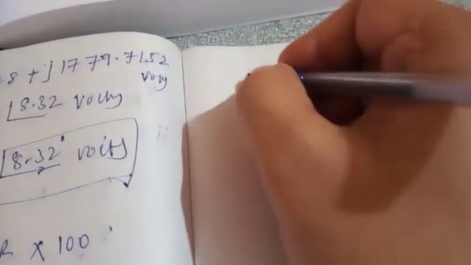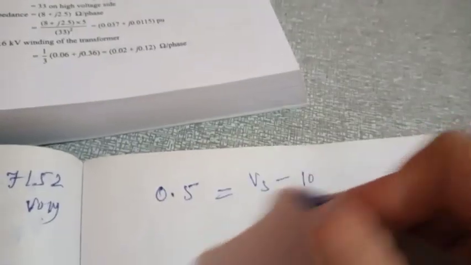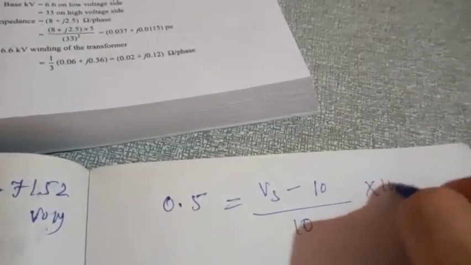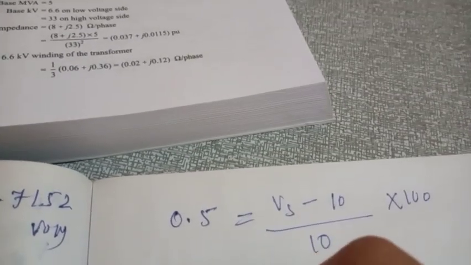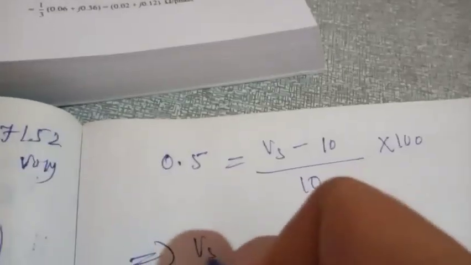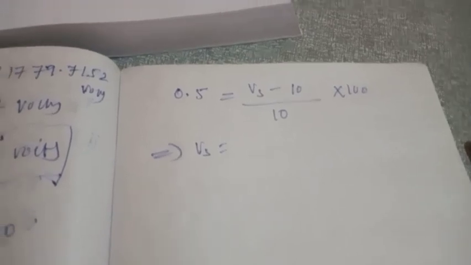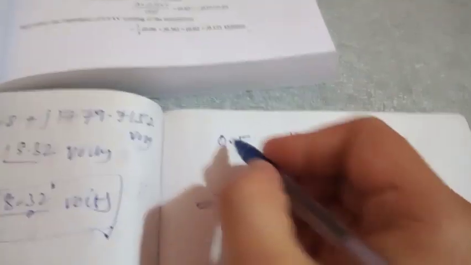So for that, what have they given? They have given 50% regulation already. 0.5 is equal to Vs minus the receiving end voltage, which remains the same, 10, divided by 10 into 100. Sorry, the sentence says if the voltage regulation is reduced to 50% of the previous value, not that the regulation is completely 50%.